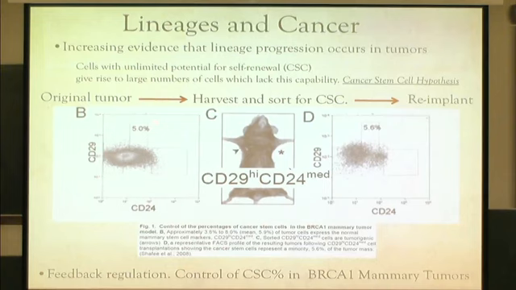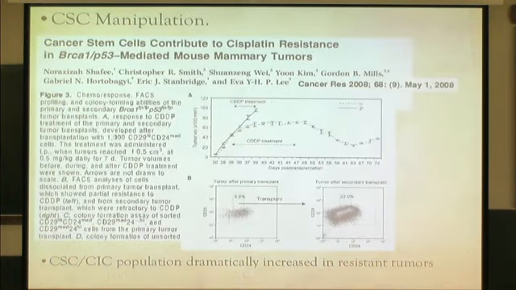Then if you sort for these cells, so you create a collection of cells that's basically 99% of these stem cells, you reimplant it in another mouse, you let it grow, it will produce a tumor, extract the cells, you get about 5% again, even though you started with 99%. And so even in cancer, for which there are a lot of things going wrong, this fraction is quite robust, indicating, at least suggesting, that there's some type of feedback going on.